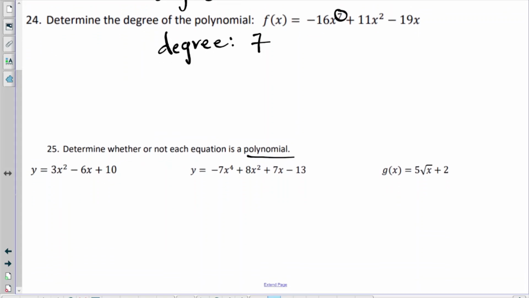And then determine whether each of these is a polynomial. We did talk about this on, I think, the first day we talked about polynomials, but here's the definition real quick. Mathematically, it looks like this.